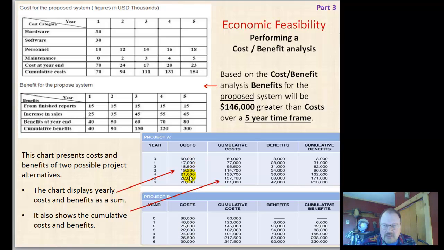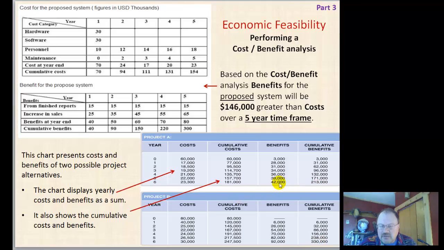That is a little bit different here. So our cumulative costs are greater overall, 247 to 181. But the particular benefits, we see 39 to 42 in those last couple of years. In this particular project, we see benefits of 70, 82, and 92, with the cumulative benefits of 330.